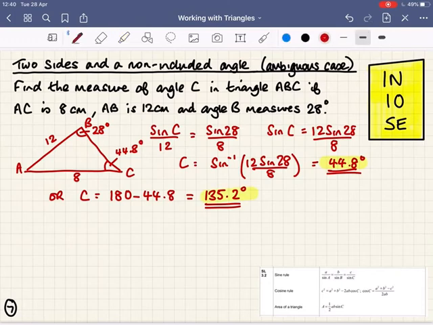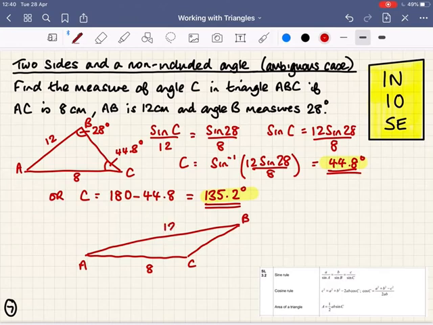And if I was to just sketch what that second one would look like, my side AC might look like that with 8, and my side AB, which is 12, is going to look like that, something like that. It's bigger, so my angle at B is still 28 degrees here.